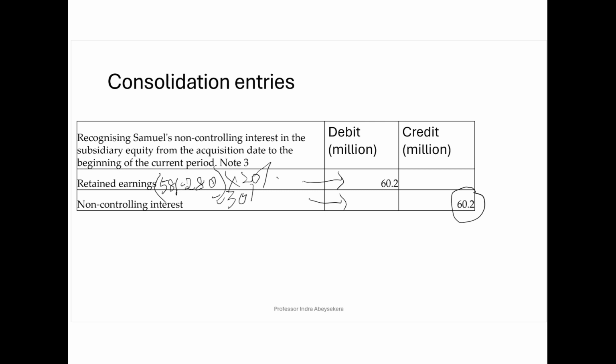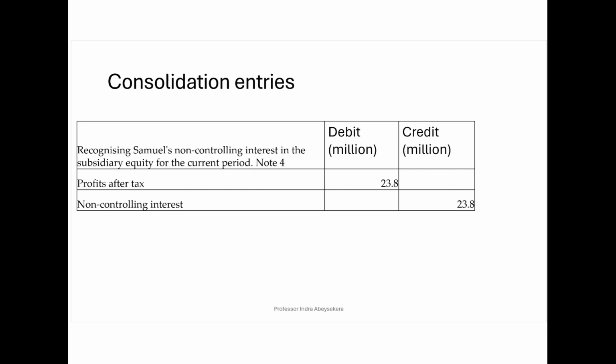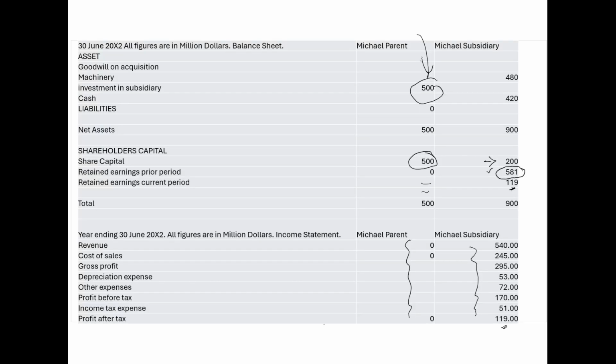Our next entry is for the current period, recognizing Samuel's non-controlling interest in the subsidiary equity for the current period. That's the profit after tax. Our profit after tax was 119 million.